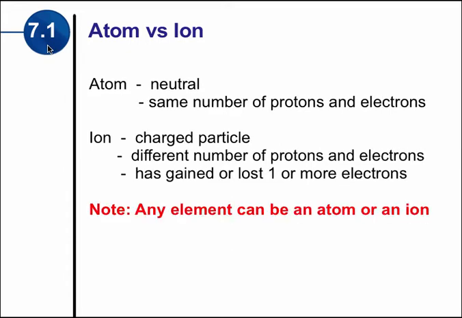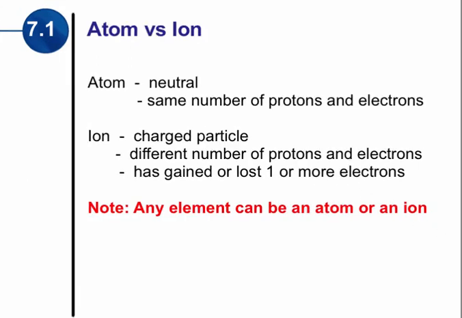Now there's an important thing to note. Any element on the periodic table can be either an atom or an ion. That is very, very important. So we're going to be looking at elements from the periodic table, and sometimes they're going to be an atom that are neutral, no charge, and sometimes they're going to be an ion with a charged particle.